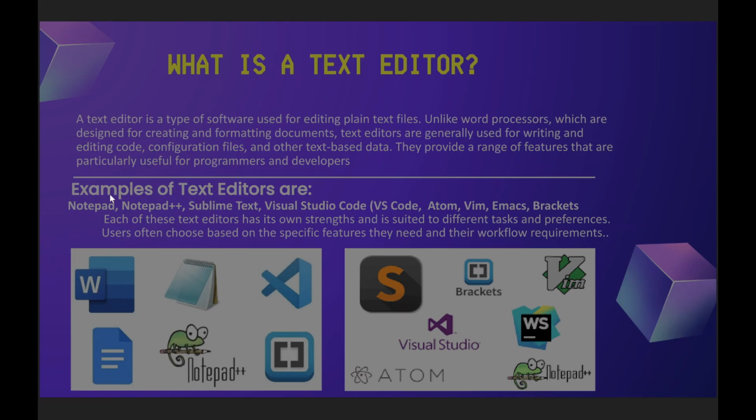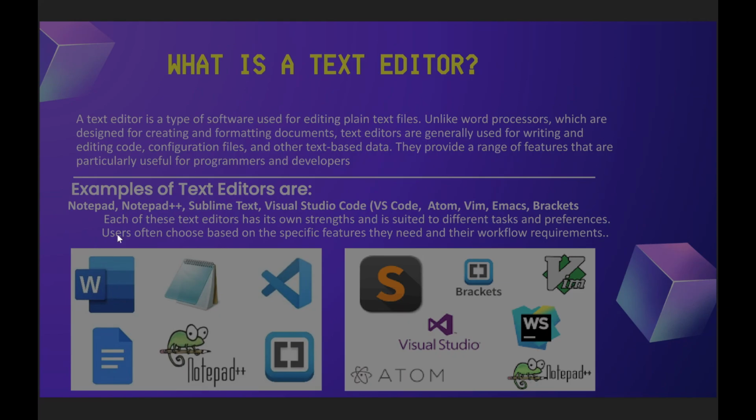So now let's talk about examples of text editors. Here we can see Notepad. This is the picture of Notepad, and Notepad++. You can see here Sublime, Visual Studio Code, which is also known as VS Code. Okay, Atom, Vim, Emacs, Brackets. Each of these text editors has its own strengths and is suited to different tasks and preferences.